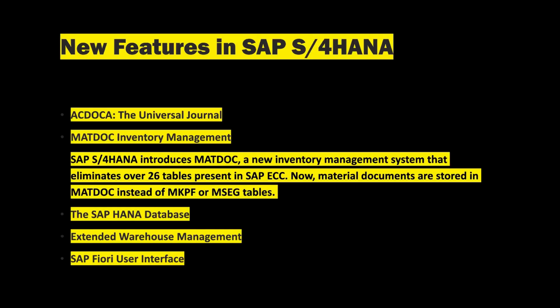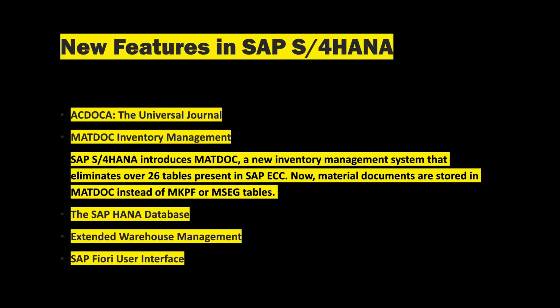The interesting thing with MATDOC is it has now replaced MKPF and MSEG, which had about 23 tables. All of that has been replaced with MATDOC, where all the inventory management tables have now been combined into one.